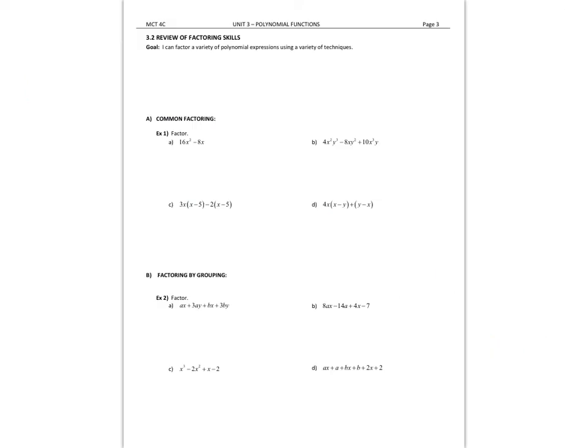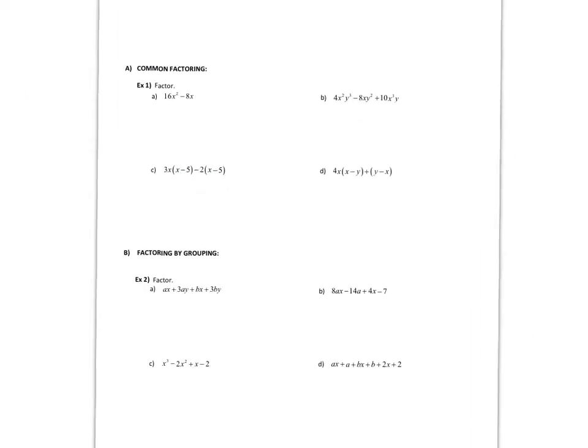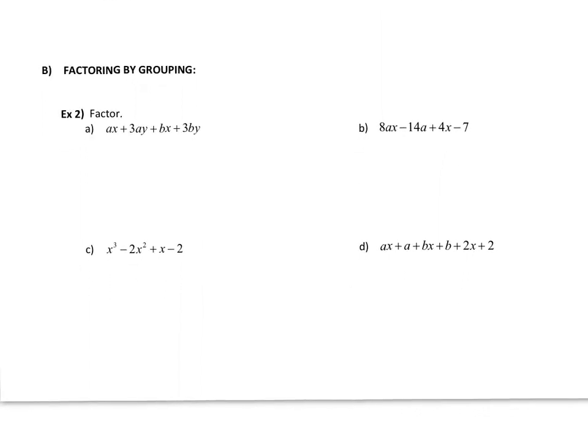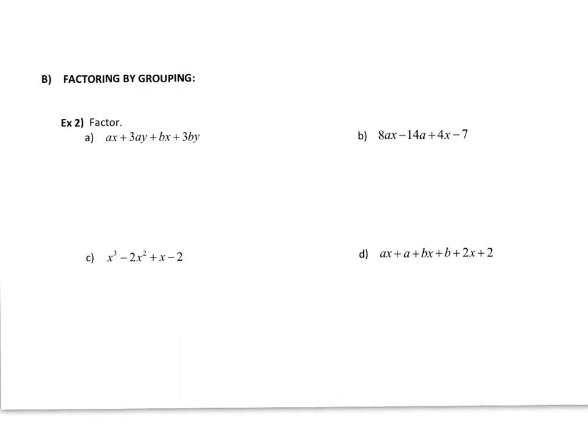Now the next page here, let's just resize this. Factoring by grouping. So this gets into more terms. The last one could have any number of terms, but this one we generally have 4 terms or 6 terms. There's usually an even number of terms here.